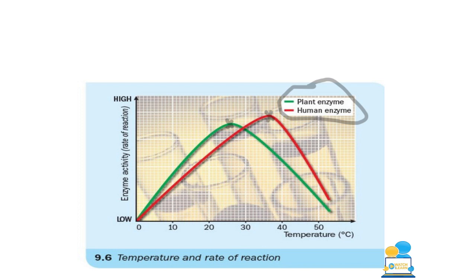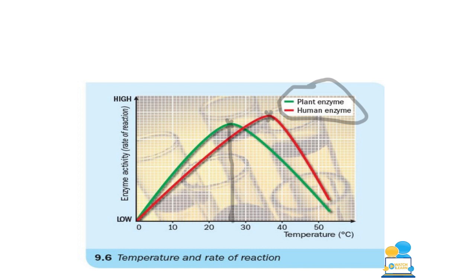So we have 10, 20, 30, 40, and 50. And I want you to look at the peak of the green curve and come down to the x-axis, and that roughly hits 25 degrees. So the optimum activity of plant enzymes is roughly around 25 degrees.